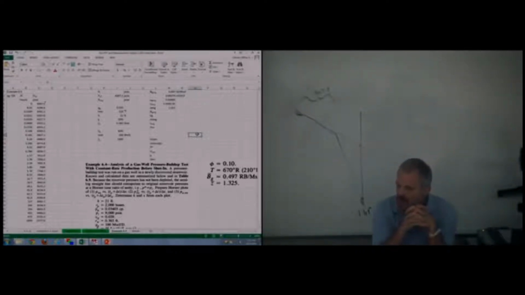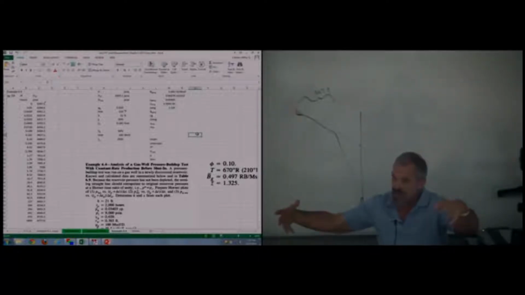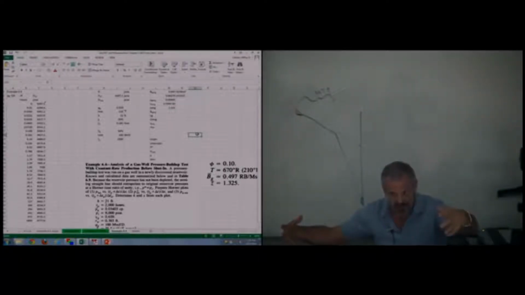I hadn't really thought about bringing this into the course before, but this radius of investigation, okay? Now, when I calculate a perm, I'm getting a bulk property to that radius of investigation. If I run a longer drawdown or a longer buildup, I'm looking at more reservoir, and I'm looking at different reservoir.